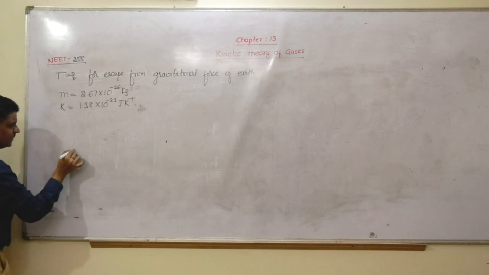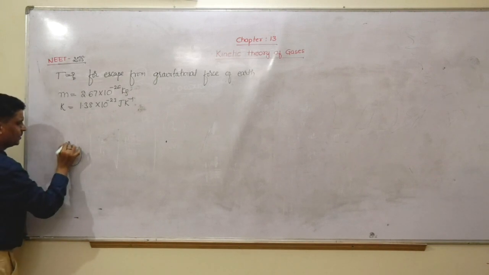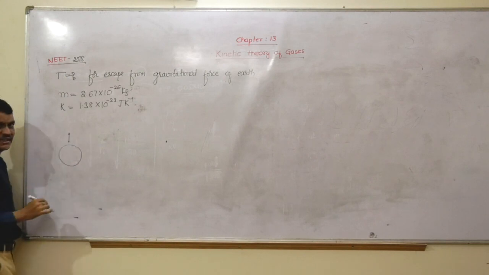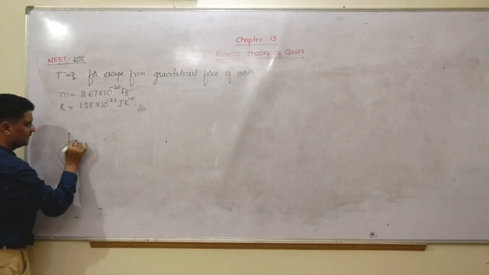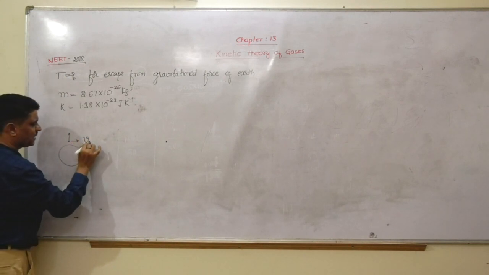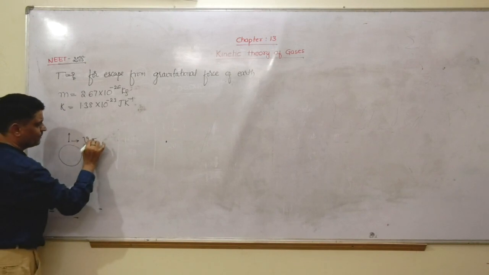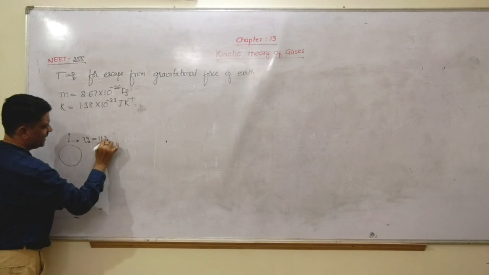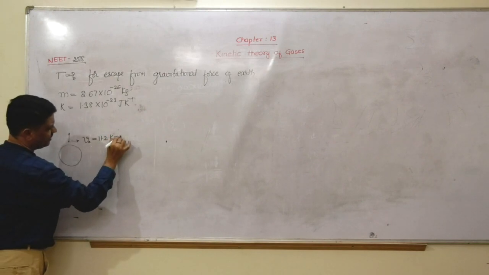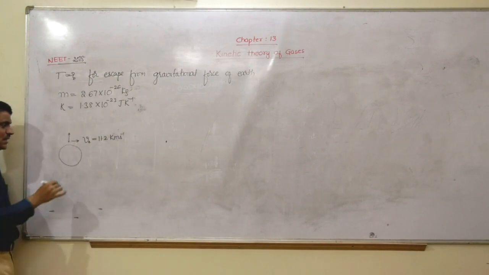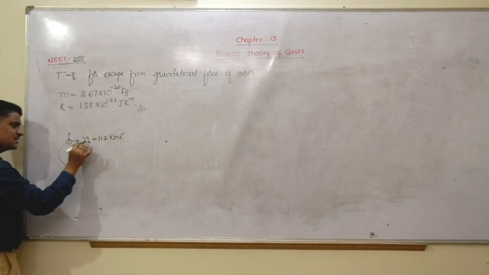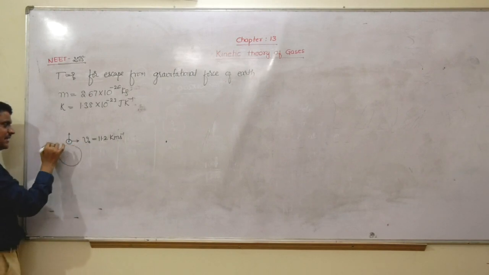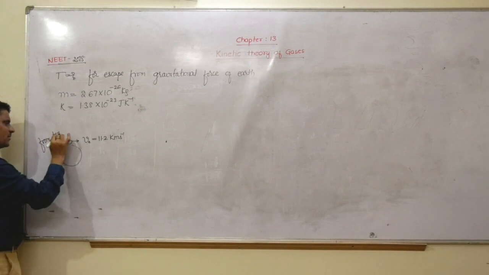See, as we know that to escape out of the gravitational force of the Earth, this molecule should acquire a velocity equal to escape velocity, that is equal to 11.2 kilometer per second. Here this molecule gains this velocity or this kinetic energy from temperature, means heat.